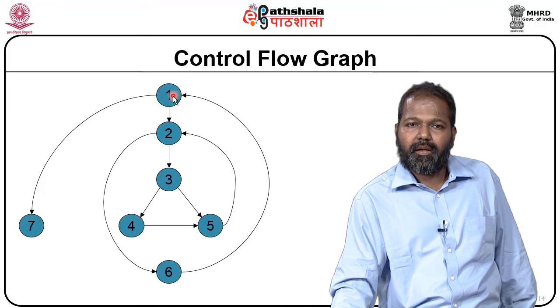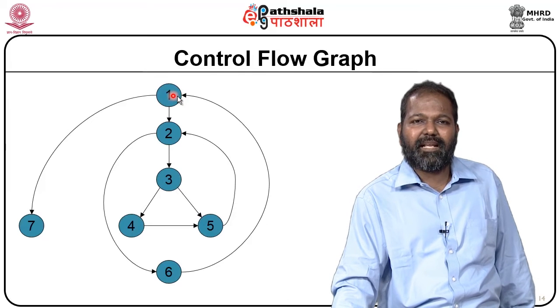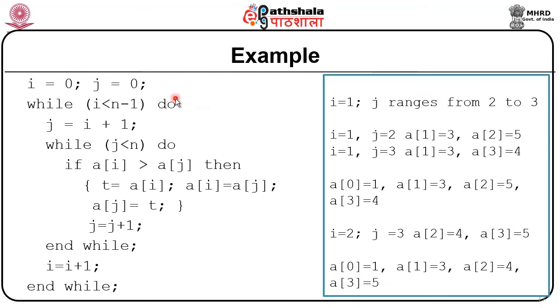To state it briefly, node 1 denotes your while loop with the condition i less than n minus 1. While i less than n minus 1, first I set j equal to i plus 1.